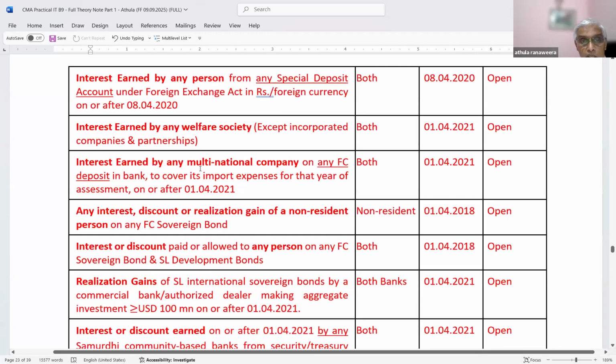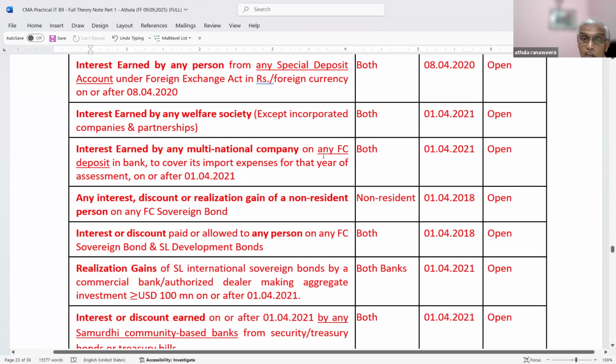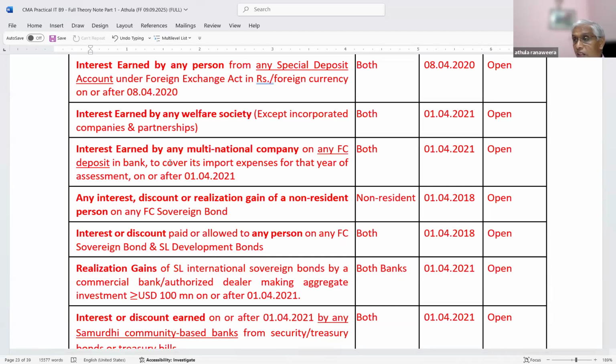Then interest earned by any multinational company, if they keep that foreign deposit in a bank to finance future imports. Now, multinational companies, after identifying the profit, take the profit out of Sri Lanka. At that point, we are charging remittance tax.